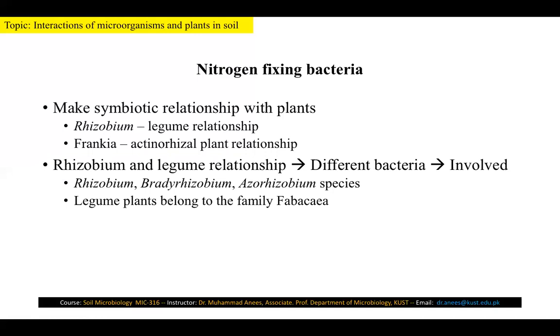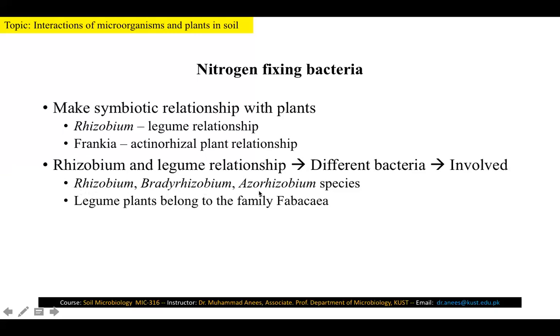Now, what is the rhizobium legume relationship? Rhizobium legume relationship is a kind of relationship between bacteria and plant roots. There are different types of bacteria which are involved in this relationship.